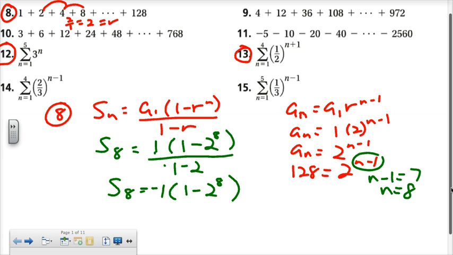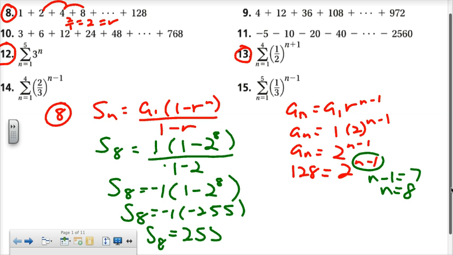So I just need to punch in 1 minus 2 to the 8th. That gives me negative 255. And multiply that by negative 1. So the sum of those first 8 terms is going to be 255.